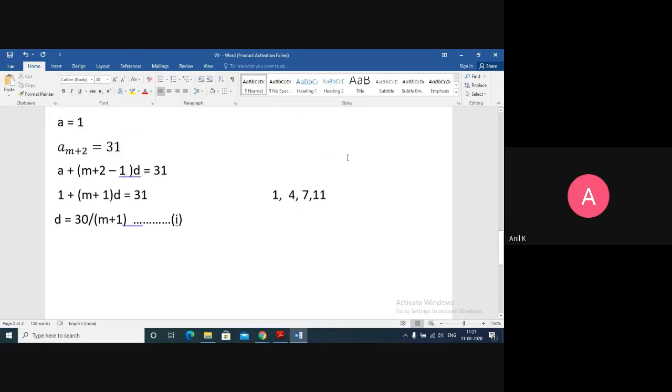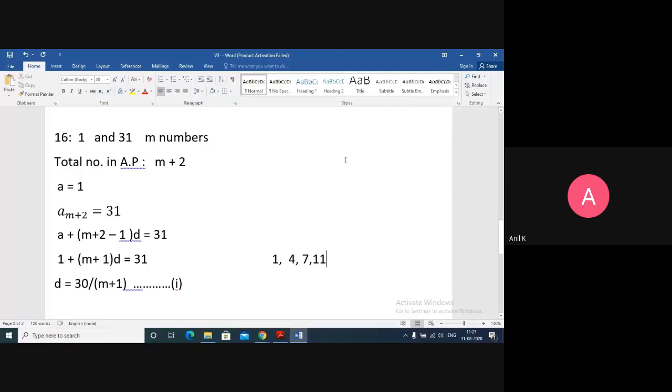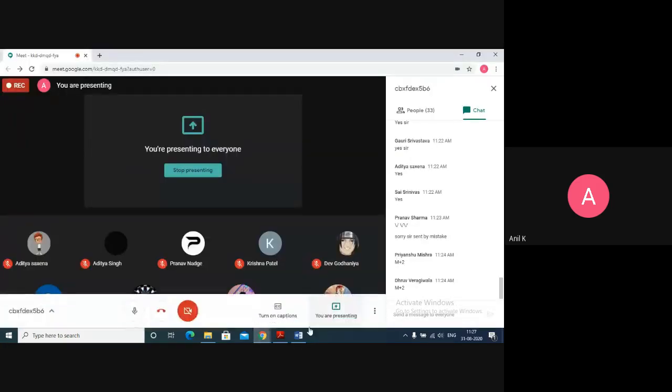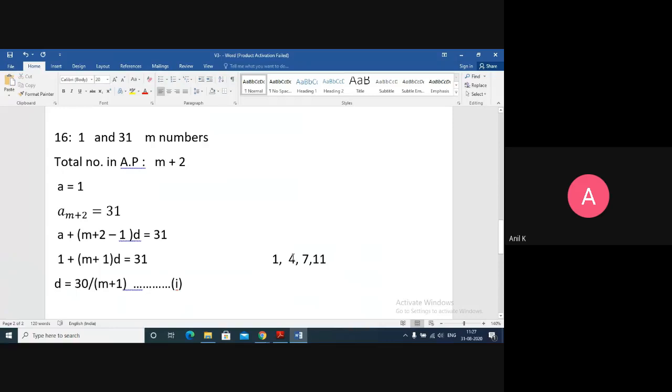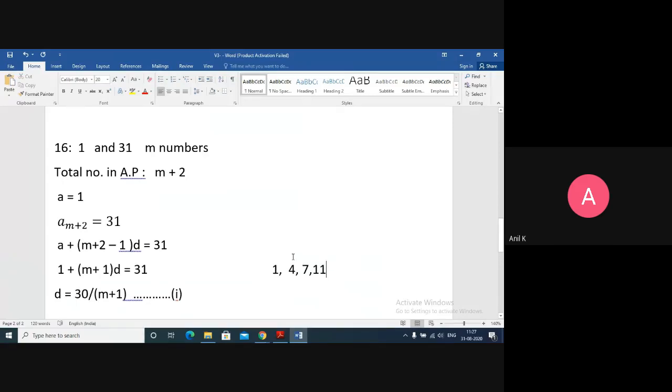The d formula is a plus b upon n plus 1. If I want to insert 3 numbers, it will be 3 plus 1 is 4. a plus b is 12, upon 4, which is 3. 7 plus 3 is 10.